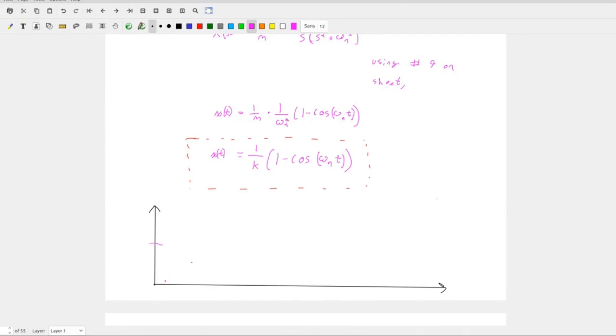But now we're going to oscillate around a value which is f naught over k. Right? So f naught is whatever the forcing function multiplied by our step function is. And so why does it oscillate around a center line there and not around 0?